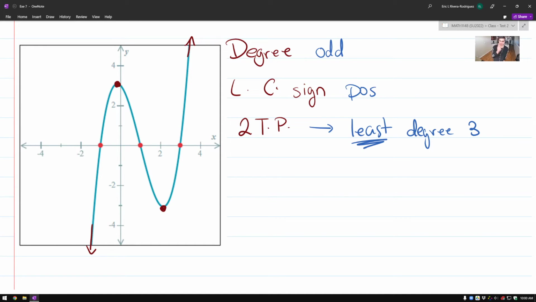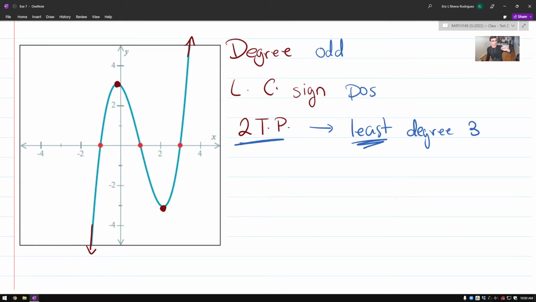Only up. Perfect. Thank you, Timothy. We know that it is up. Yes, at least it's going to have a degree of 3. But it could not be 4. It could be 3, 5, 7, 9. Okay? Careful with that, because our degree needs to meet this condition.